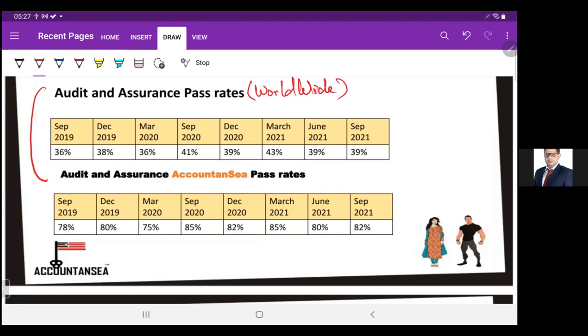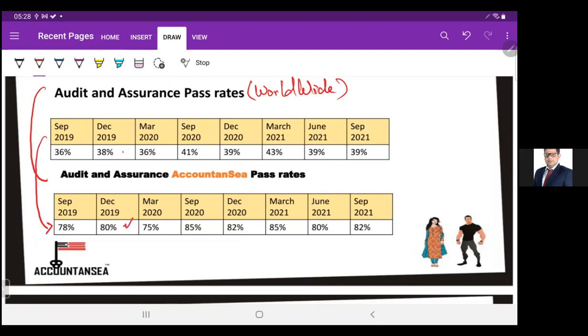In September 2019, the passing rate of Audit and Assurance was 36%, whereas accountancy students' passing rate was 78%. In December 2019, it was 38% and 80%.